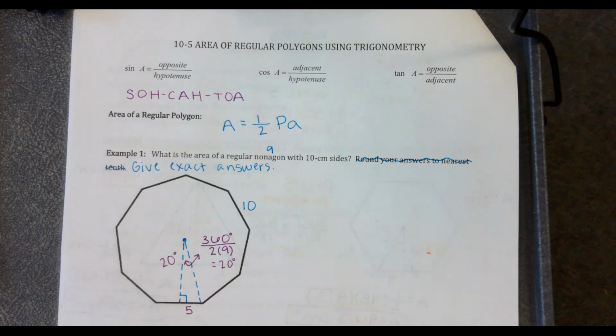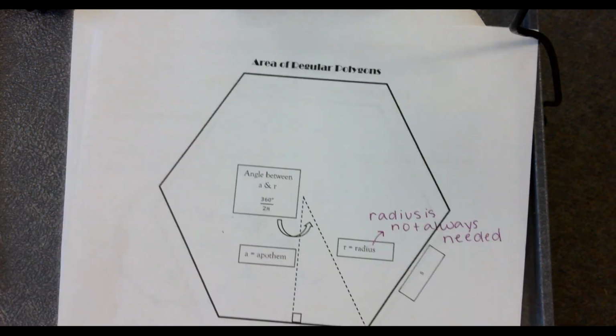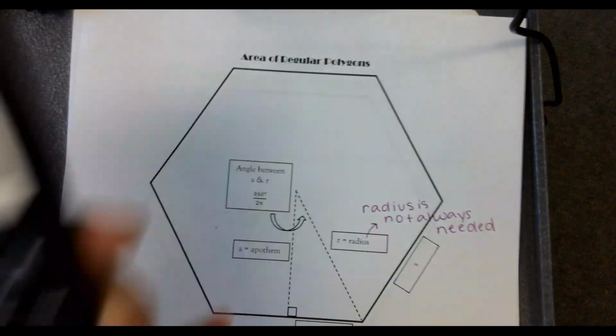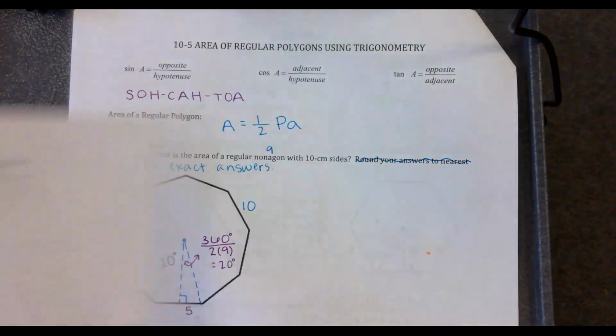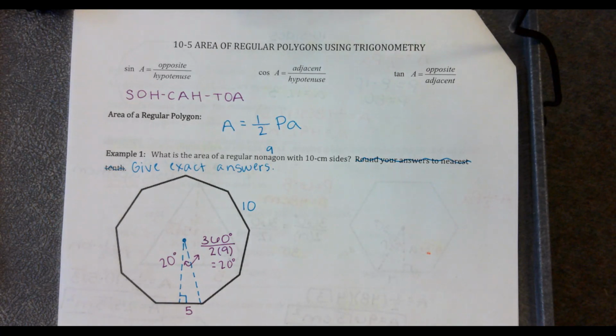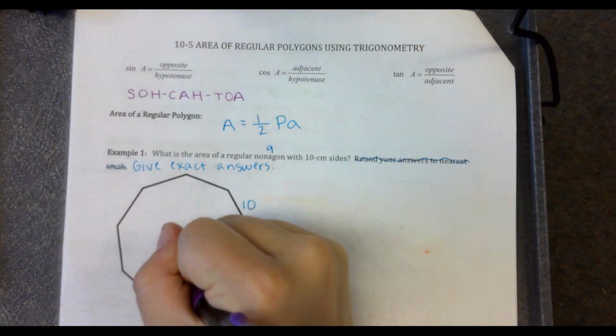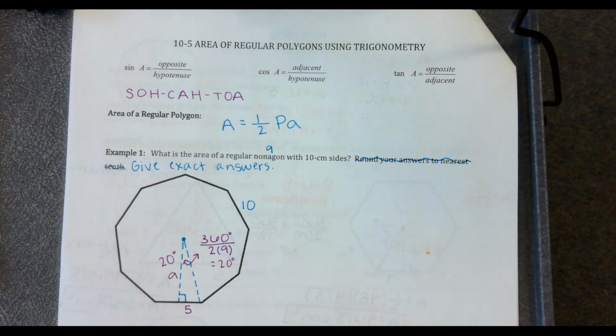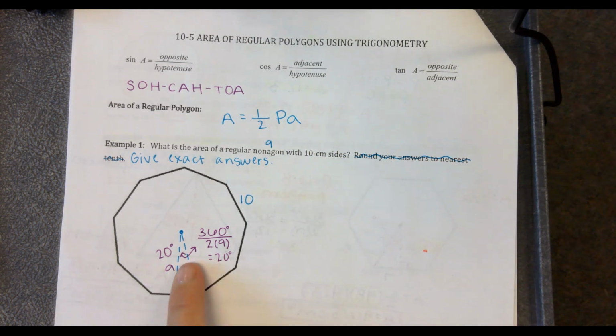Okay, so now I want to find the apothem. Okay, that's really the last thing I'm missing here, because again, we don't always need the radius. So now I'm going to find my apothem. So now, can I use the 30, 60, 90, or 45 here? No, because it's a 20-degree angle. So I'm going to use one of my trig functions.